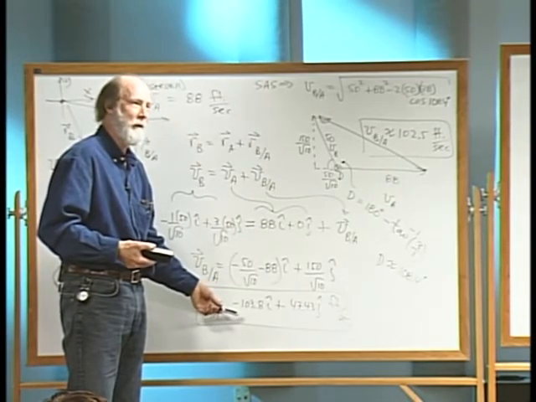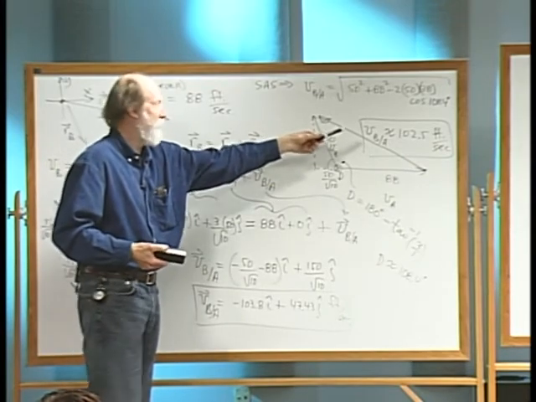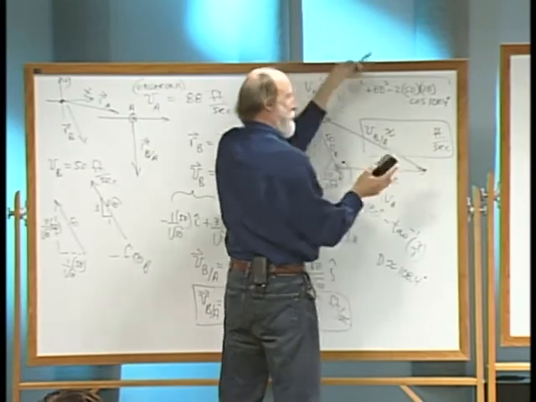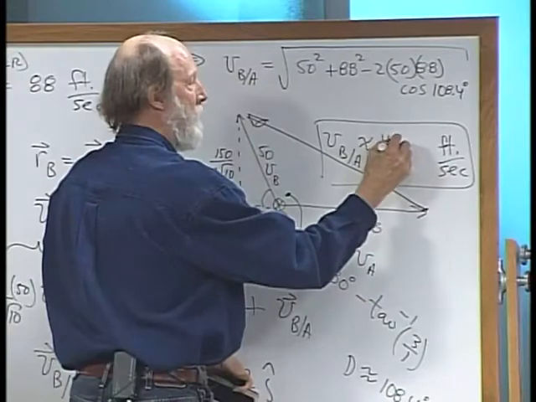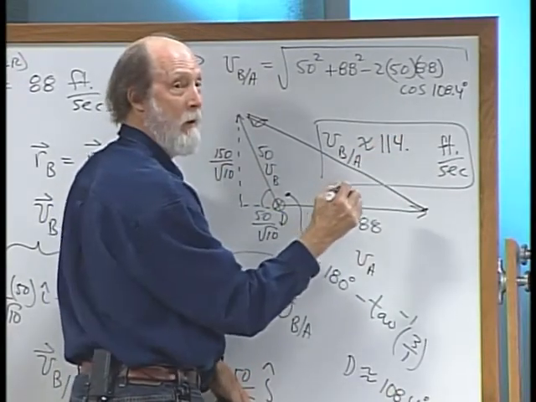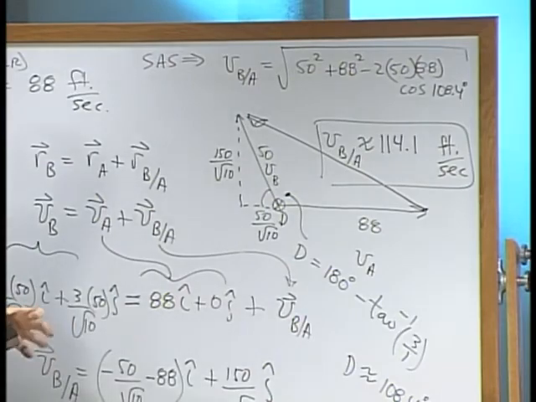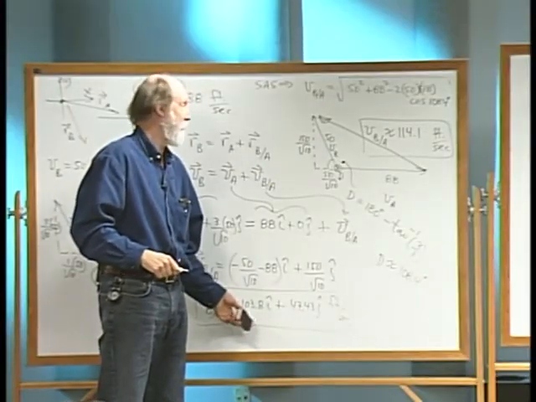No, he's right. It's 114. Something went haywire up there. Okay, we don't do that in engineering, do we? 114 point what? 0.1. That feels a little better. If you do the square root of the sum of the squares here, you should get that result.